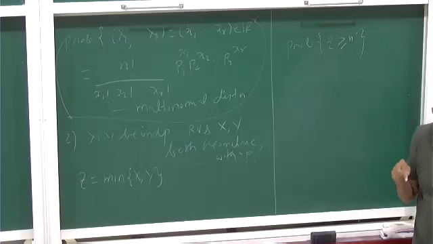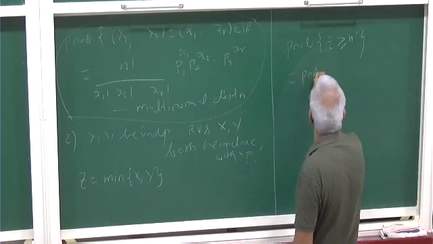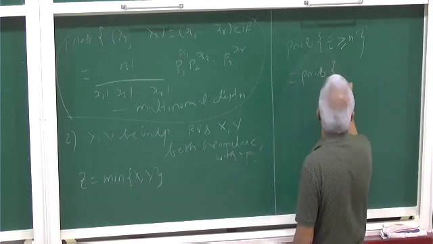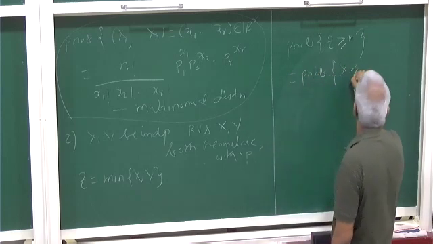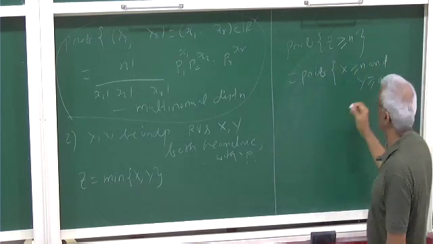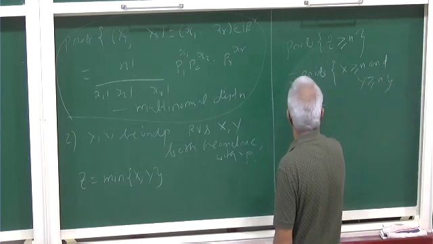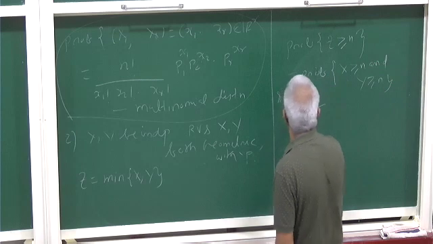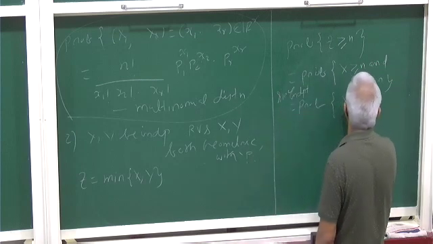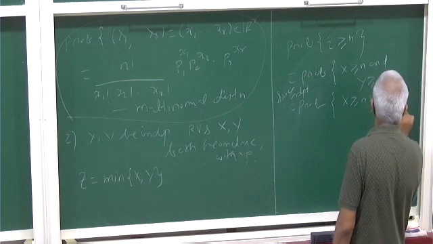Z greater than or equal to n. This is just the probability that X is greater than or equal to n, and the intersection, Y is greater than or equal to n. Since they are independent, this is equal to the probability of X greater than or equal to n times the probability of Y greater than or equal to n.